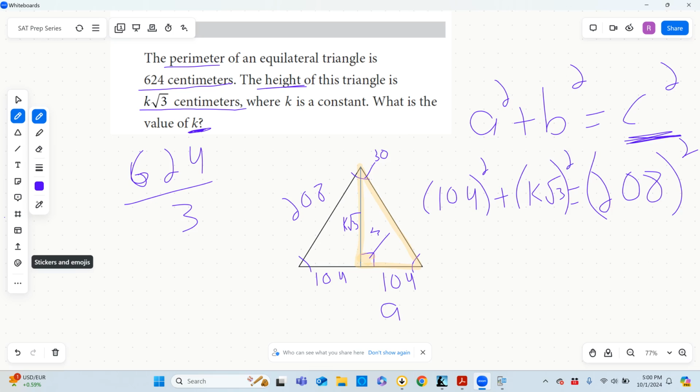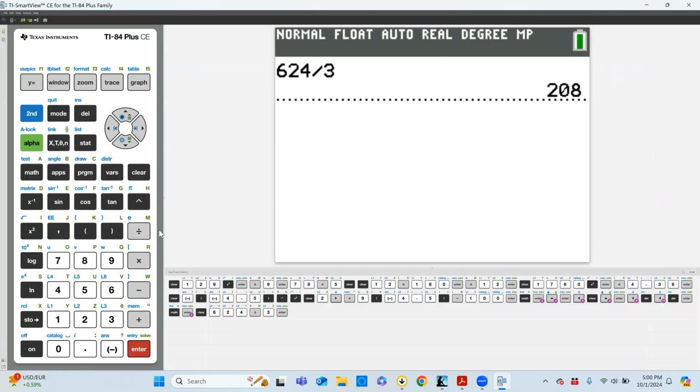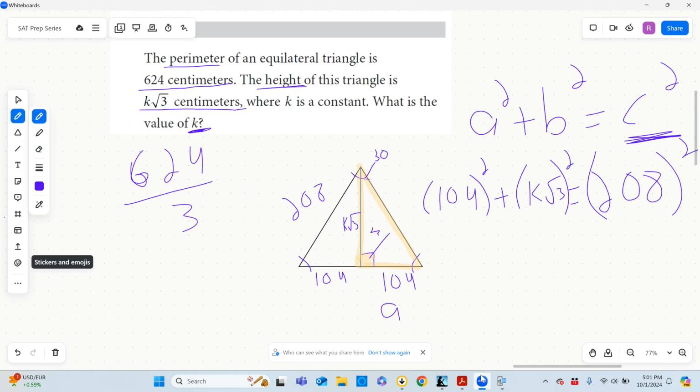I'm going to square that too. And now I'm just going to solve for my constant k. It's going to lead to some big numbers here. So first I need 104 squared. That gives me 10,816. Don't be afraid of big numbers on the SAT.